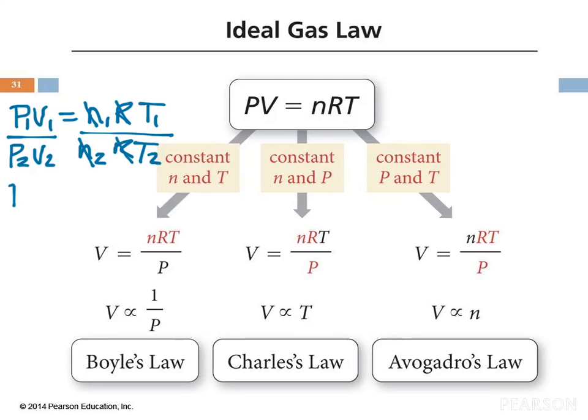Another way to write that would be P1 V1 over T1 is equal to P2 V2 over T2. This is a combination of Boyle's law and Charles' law. So the amount of gas is staying the same, but the pressure, the volume, and the temperature are changing. And you may see some homework problems like that.